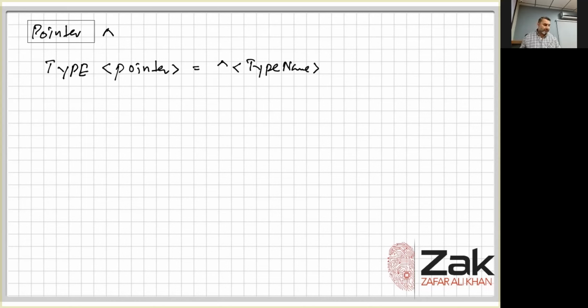So let's have one example of it. We just had this TMonth. So we make it TMonthPointer. TMonthPointer is equal to cap TMonth. And then how do we declare it?